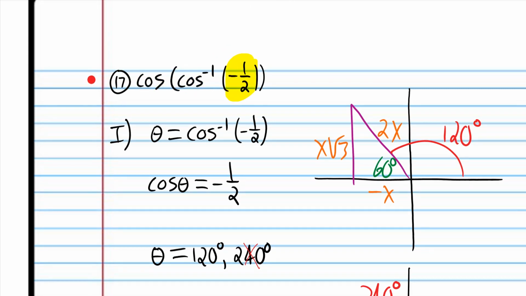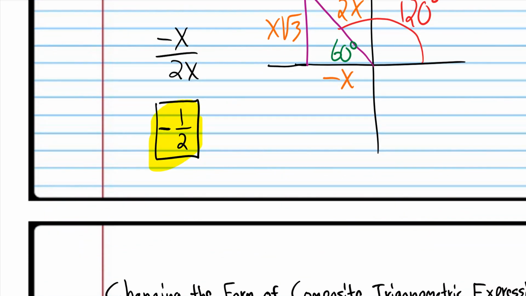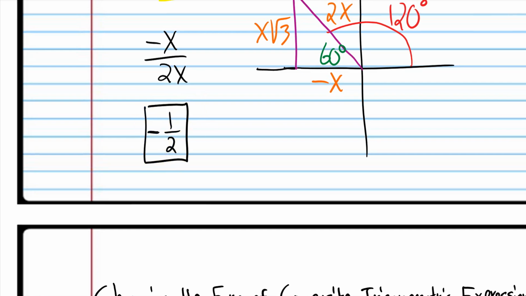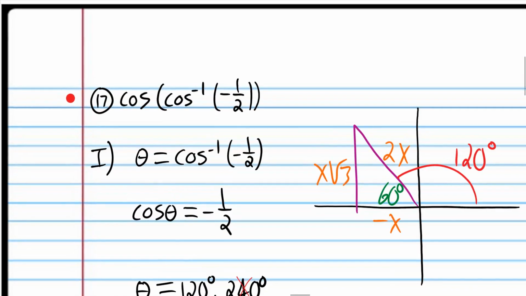This number was negative 1/2, and our answer was negative 1/2. So what you're going to find is that when you plug a cosine inverse function into a cosine function, you're just going to get whatever that number is. And it's the same with all other functions.